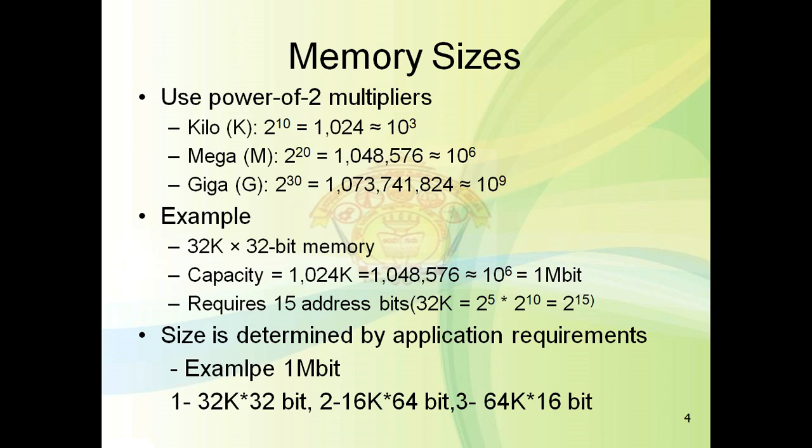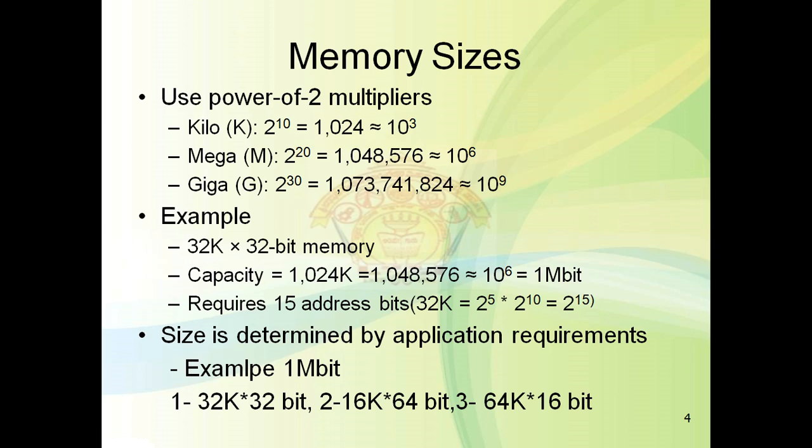Likewise, 1 megabit is 2 raised to 20, which is 1048576 bits, approximately 10 raised to 6. Likewise 2 raised to 30 is approximately 10 raised to 9, that is gigabits. So these are the sizes of memories.